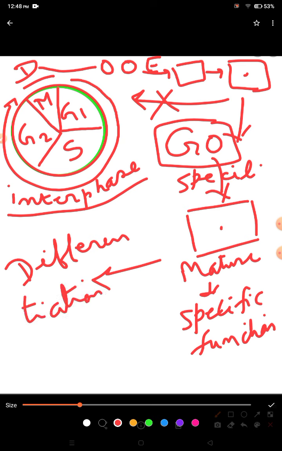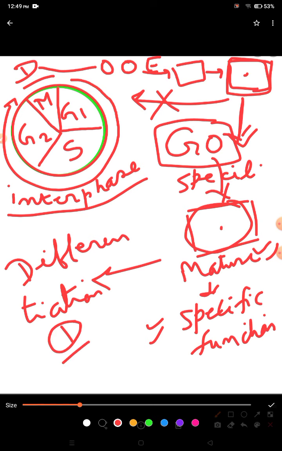Here the newly born cell becomes mature, enters G0 phase, escapes the cell cycle, does not divide further, acquires special structure, becomes mature and performs the specific function. This is the mature cell and the process is known as differentiation.